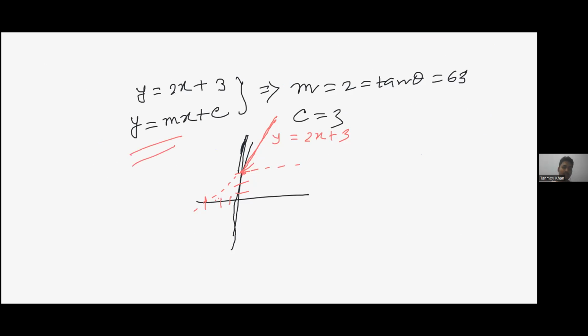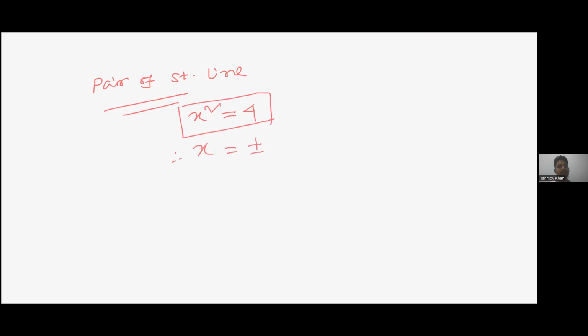Okay. Now this will be the last topic for this discussion. This is nothing but a pair of straight lines. What is a pair of straight lines? Let's say your equation is x square is equal to 4. That means x will be plus minus 2.